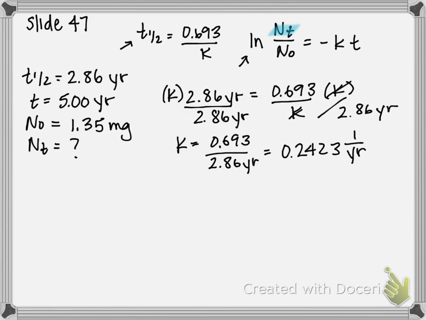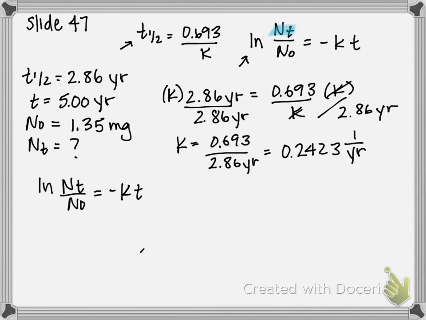So now that we have our K, we can begin to solve our integrated rate law equation for this amount at the specified time. Before I start plugging numbers into this equation, I want to get N sub T, the amount at a certain time, isolated by itself.